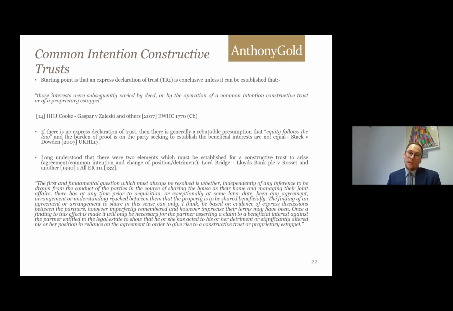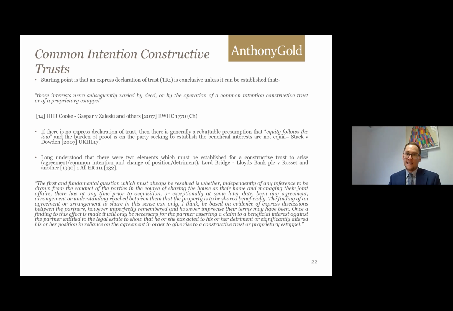So when we're looking at a common intention constructive trust case, the starting point always has to be, is there an express declaration of trust in place? Typically at the time of purchase, were the boxes on the TR1 relating to joint tenancy or tenants in common and equal or unequal shares ticked at the time?